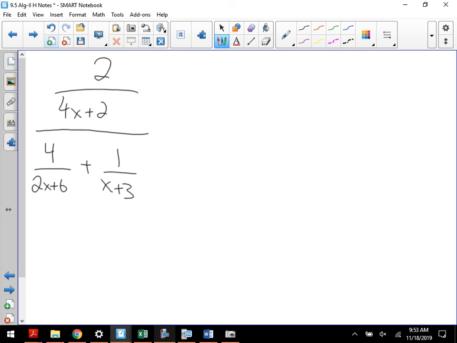Same idea. Complex fraction. Sorry, that's supposed to be a 4x plus 12. As you're writing it down, do you notice anything you can simplify?